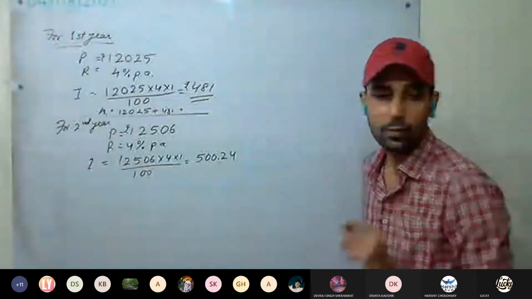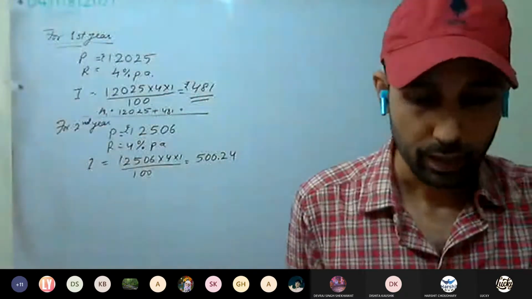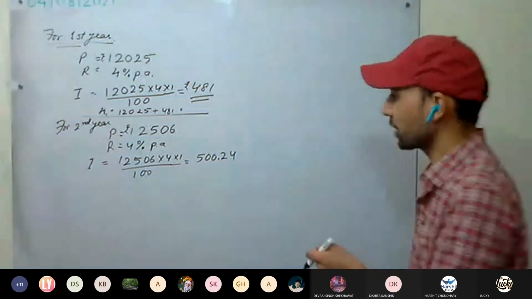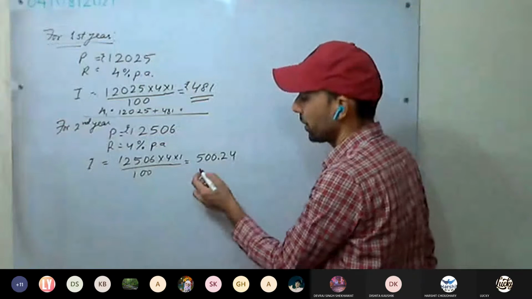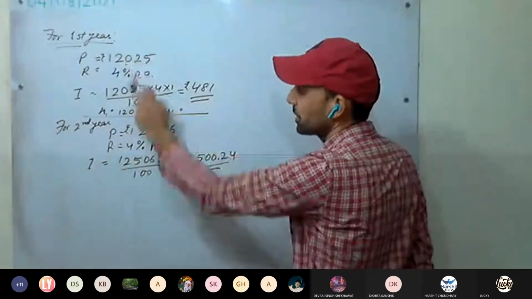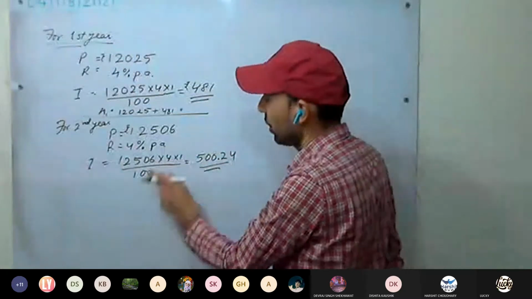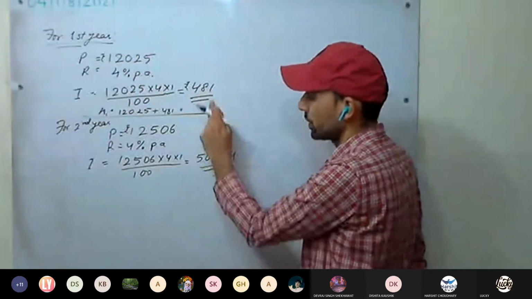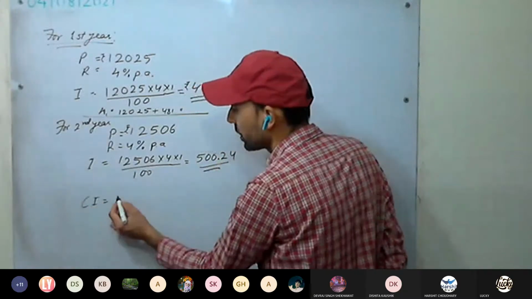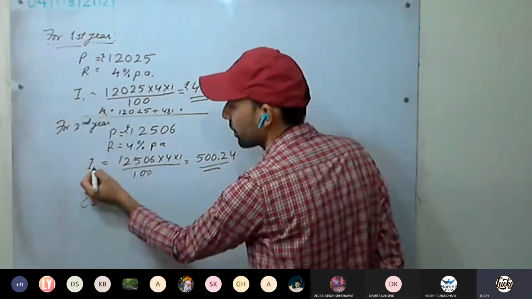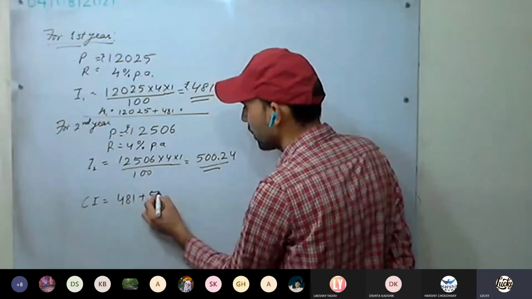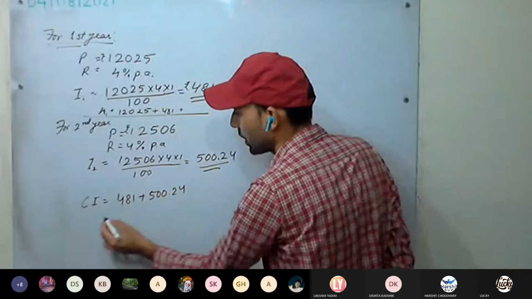Okay, now what was to be calculated? How much did Rakesh repay as the interest? Only interest we have to calculate. So no need of calculating the amount. Either you calculate the amount, then from that amount subtract the principal, you get the compound interest. Or else you add these two. That will be the interest. So compound interest will be how much? 481 plus 500.24.